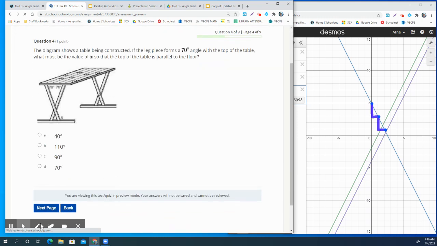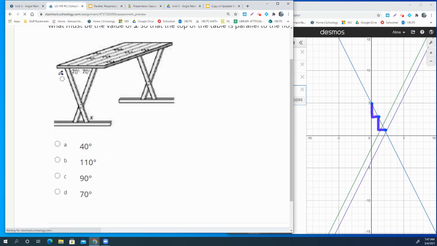Question 4. The trick here is to know which table leg to look at. So if I'm building a table, I want the top of the table to be parallel to the bottom of the table, right? Otherwise, it's going to be wiggly and not work. And I want my transversal to touch the X. So you want to use this part of the table leg.